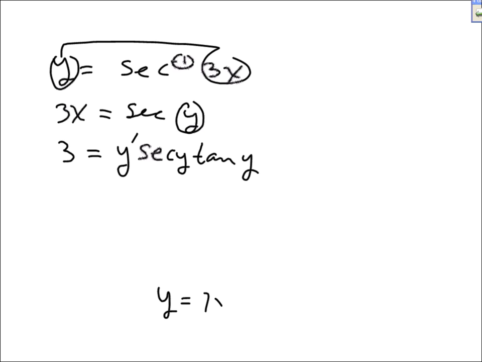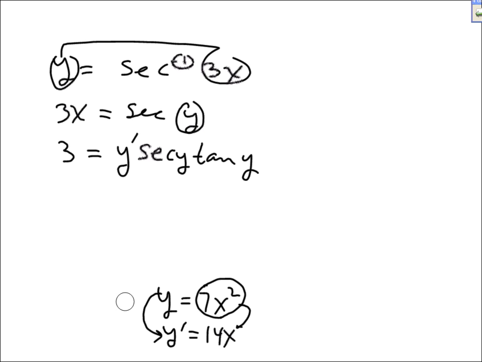When you had y equals 7x squared, and you were asked to find the derivative, well, you would write down y prime equals 14x. There's two reasons why you did that: because the derivative of 7x squared is 14x, and the derivative of y is y prime.